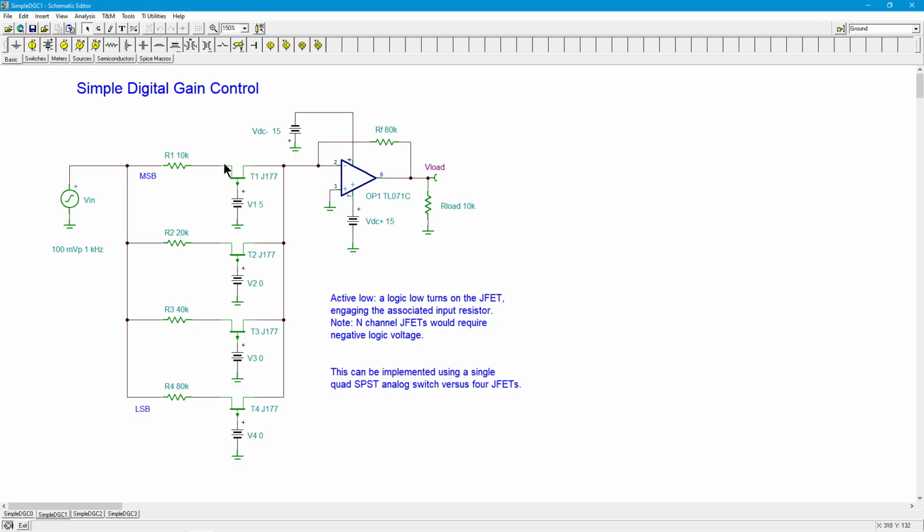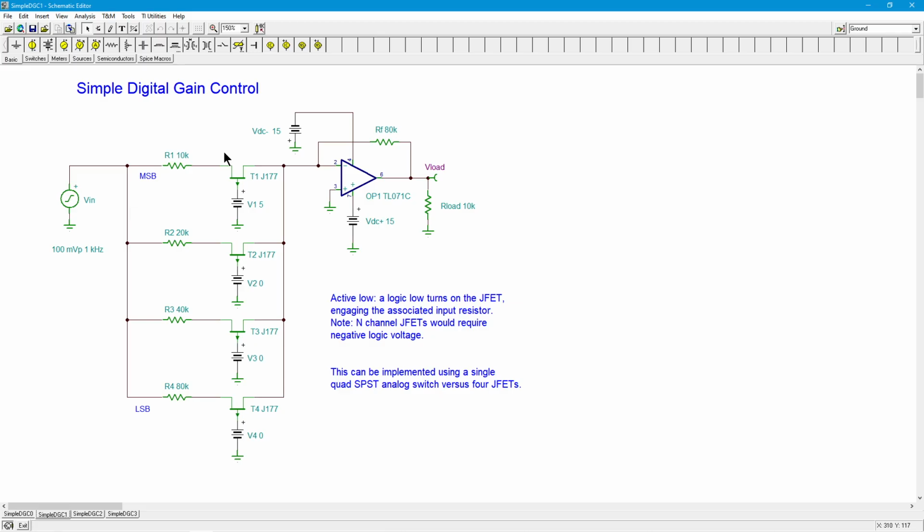you could use a quad analog switch, an SPST analog switch. And depending on the quality and the type and the logic level, you might be able to get that for cheap, like under $1. So that might be something you'd be interested in experimenting with.